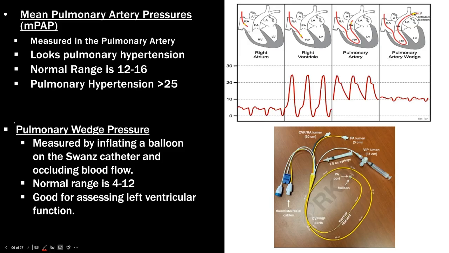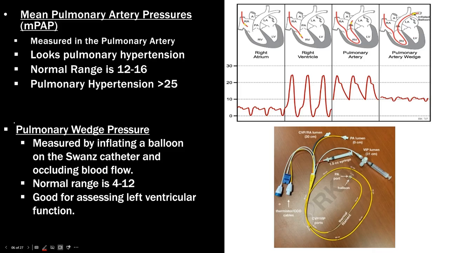It rides that balloon up and it sits right there and wedges in place, so no blood flow can move forward. And the tip of that catheter will actually measure what is called your wedge pressure. And that's looking at your actual pulmonary left-sided pressures. So it's a good way to tell how your left ventricle is functioning.